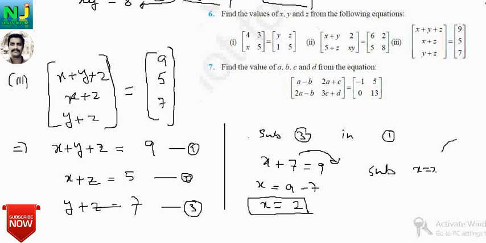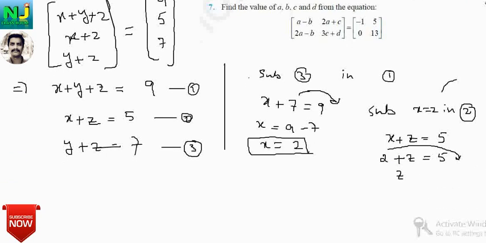Substitute x is equal to 2 in equation 2, so x plus z is equal to 5. Put the x value 2, z value we don't know, so 2 plus z is equal to 5, so z is equal to 5 minus 2, which is 3. Now we get the z value.